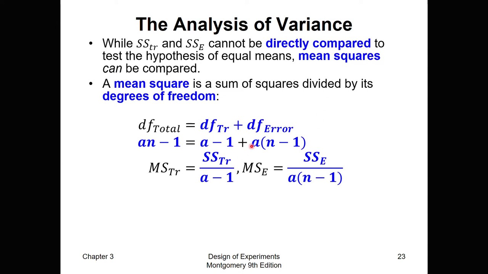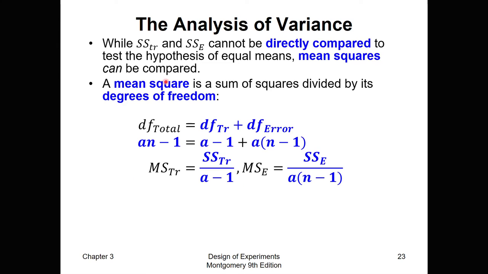So we have a groups, and for each of these a groups we have the number of replications minus 1 within the group. So within the first group n minus 1, within the second group n minus 1, within the third group n minus 1, and then we add all those up, and that gives us a times n minus 1, which is the degrees of freedom for the error.